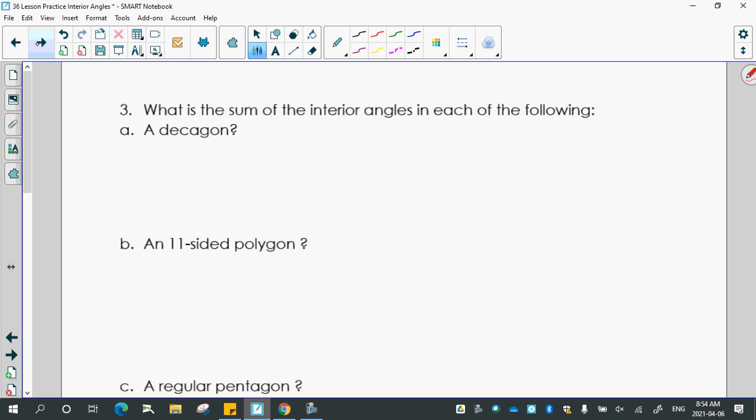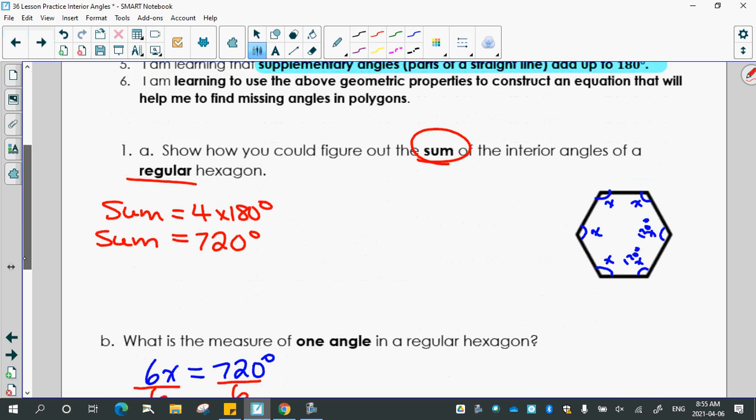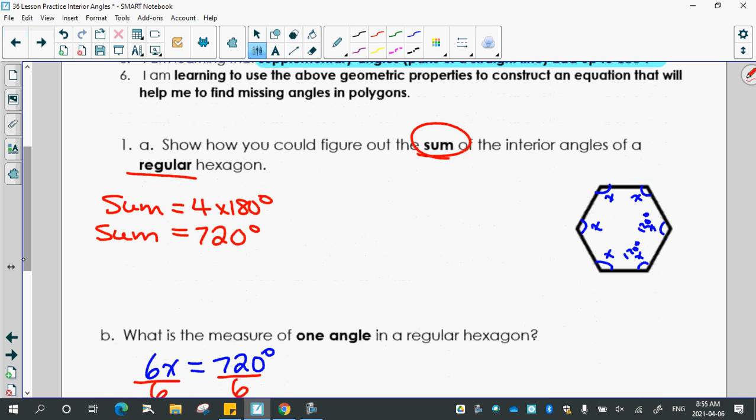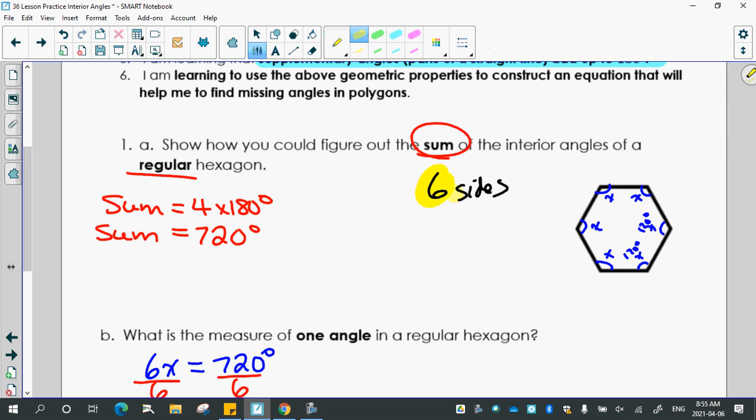What is the sum of the interior angles of each of the following? A decagon. Okay, so if you look back here, when there was 6 sides, we could make 4 triangles, okay?